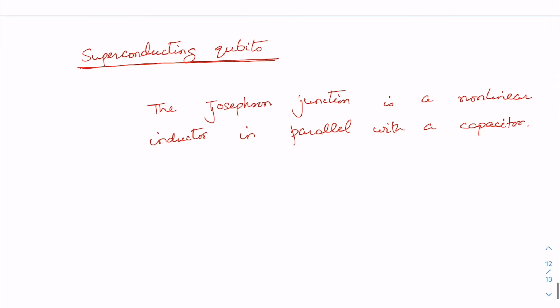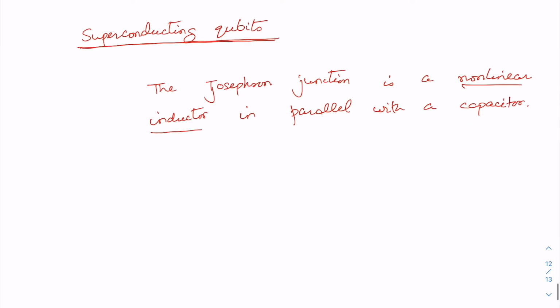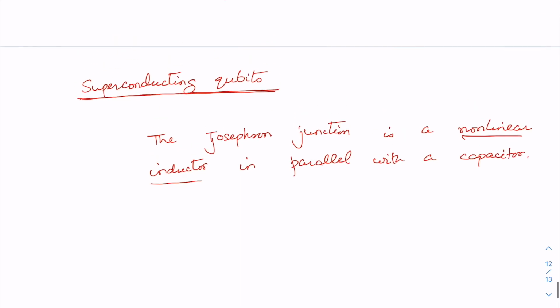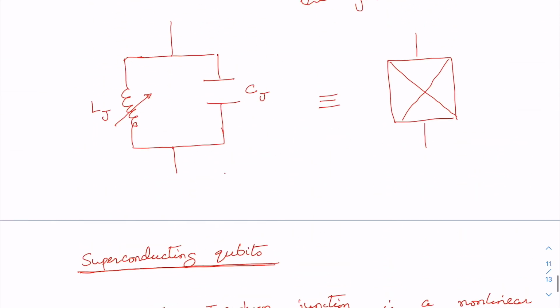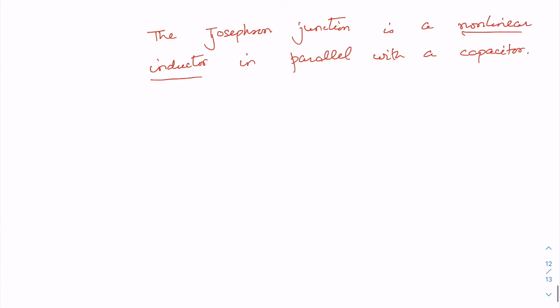The nonlinearity here actually means that the energy levels are not regularly spaced, because as you see this is basically an LC oscillator. This Josephson junction is an LC oscillator, and you know the LC oscillator is a harmonic oscillator.